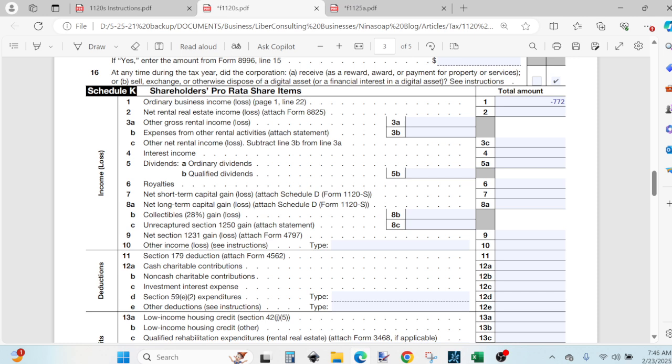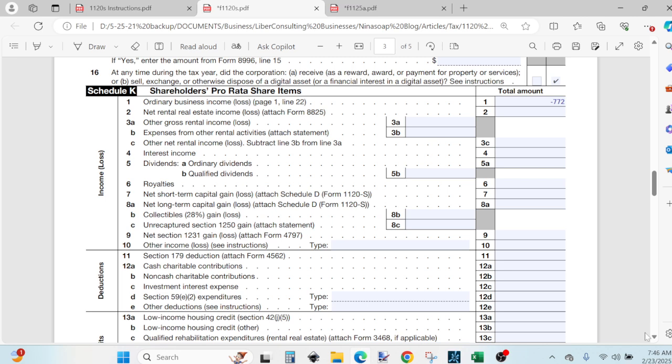It is slowly depreciating the assets, but it is decreasing the business profit that will flow to Schedule K. But if the software expenses the assets in full, that's where the amount will go. It won't go on page 1, it'll go on Schedule K, line 11. Charitable contributions will go on line 12. Expenses related to investments will go on line 12C, and other deductions will go there.